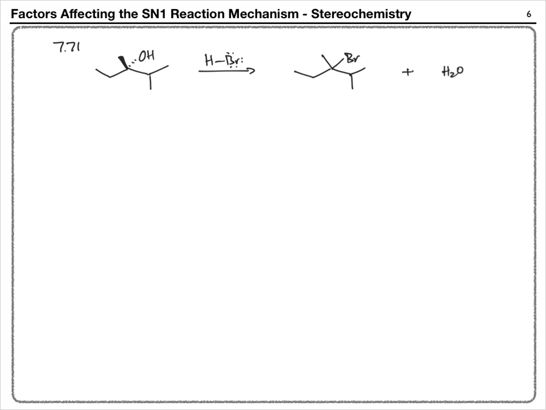So let's also consider the stereochemistry. So we have S2, 3 dimethylpentanol.